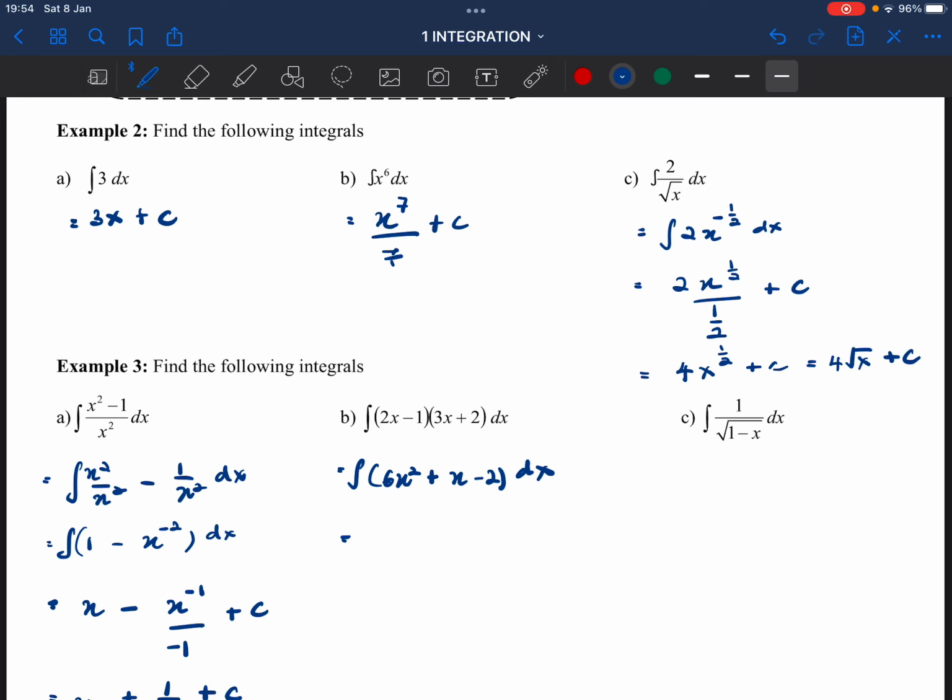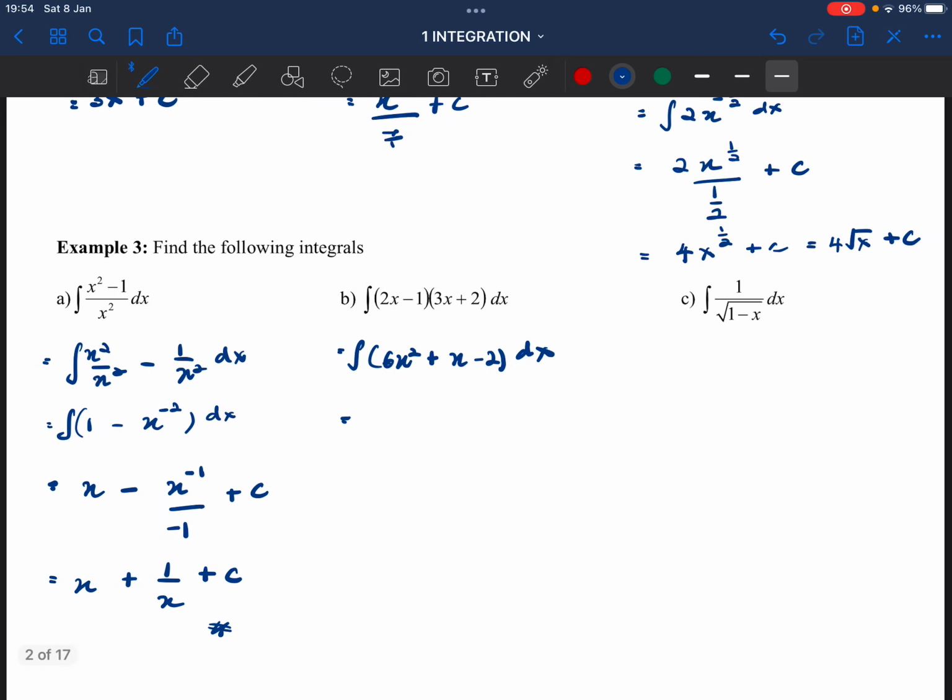Now just integrate like usual, a constant, just copy the constant, x square, so power plus 1 divided by the power, plus x square over 2 minus 2x. Next step is just simplify. You will get 2x cubed plus x square over 2 minus 2x.